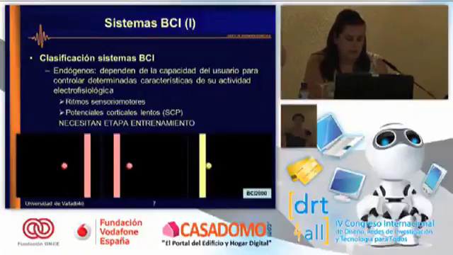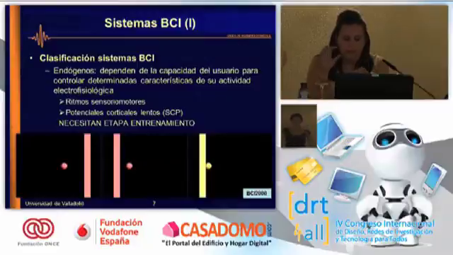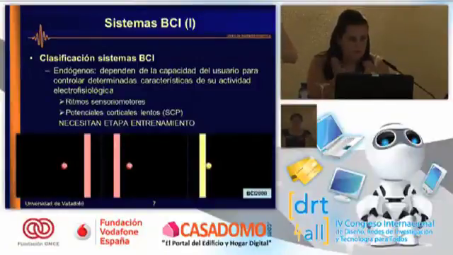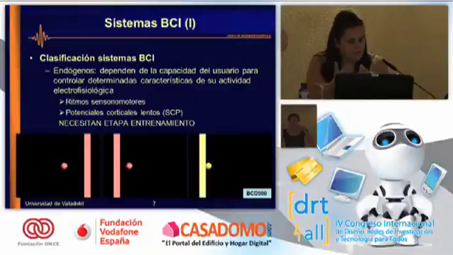One example is controlling a cursor in one dimension. A typical example is a little ball on the screen, and we have a bar on the other side. To move that ball, what a person has to do is imagine, not do, but imagine that you're moving your right hand or your left hand, in such a way that based on which hand you're thinking of, the ball will move to one side or the other.